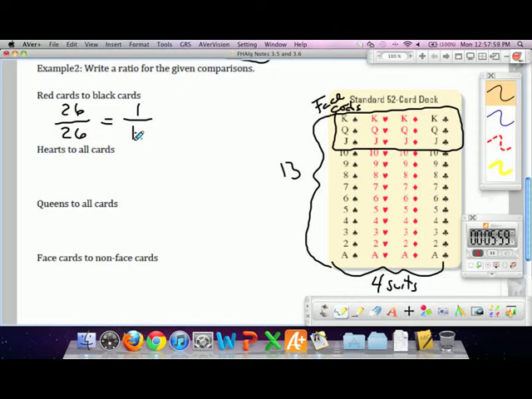Hearts to all cards. There are 13 hearts and there are 52 cards in a deck. 13 goes into each of those once and 4 times. Queens to all cards. There are 4 queens, and there are still 52 cards in a deck. 4 goes into each of those once and 13 times. And face cards to not face cards.